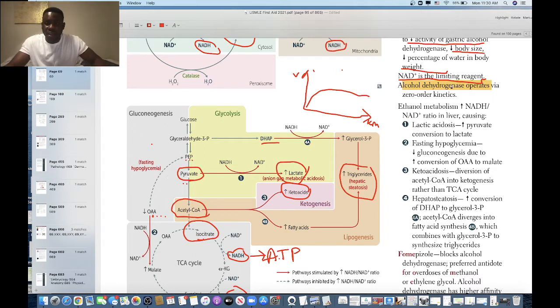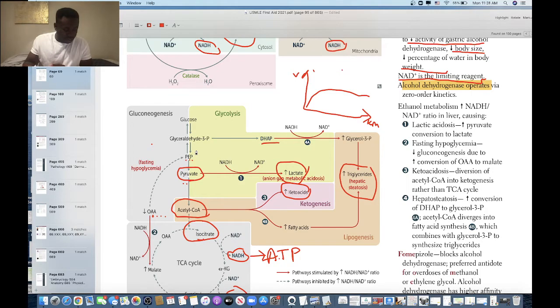So if we are having excess of the niacin, excess of the NAD plus, it means that we have little of the NADH, but we need the NADH in this reaction here. So little NADH means that oxaloacetate cannot be converted into the PEP. If you have a good diagram, you will appreciate it.